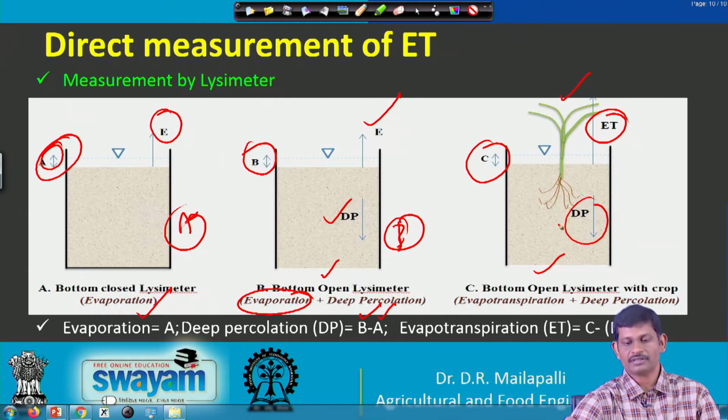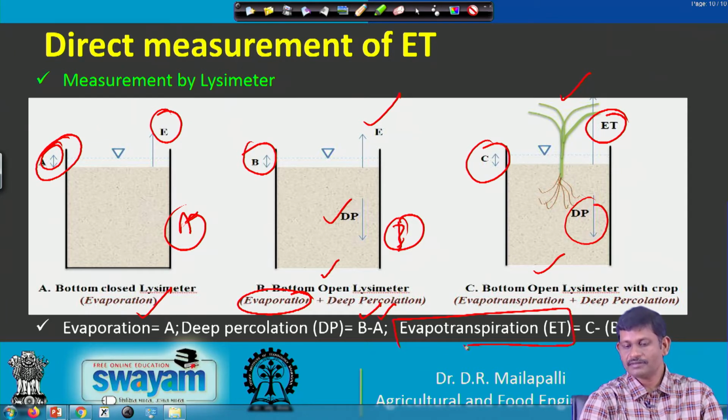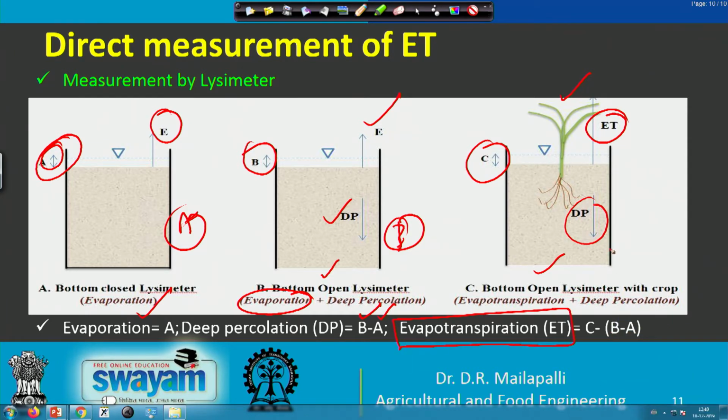These are the two losses. So, the evapotranspiration will be estimated as the difference in water level C minus B minus A. This is simple math. The only thing is installing these lysimeters in the field and finding out the water levels.